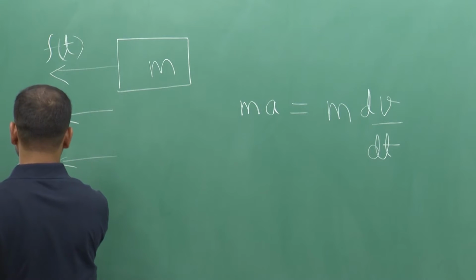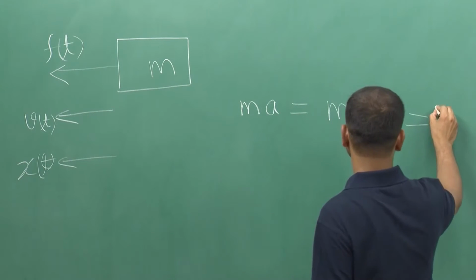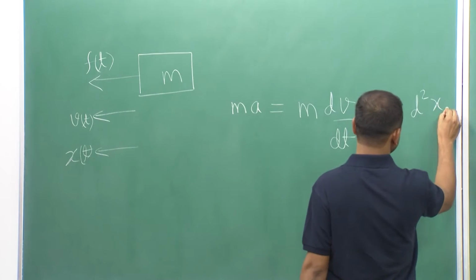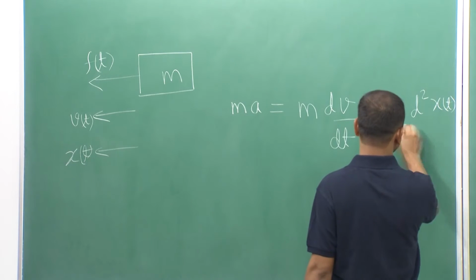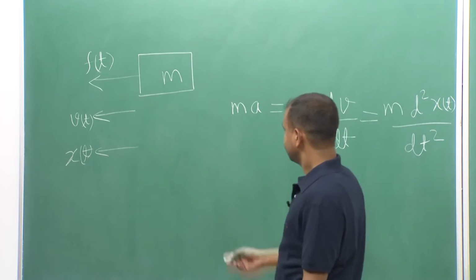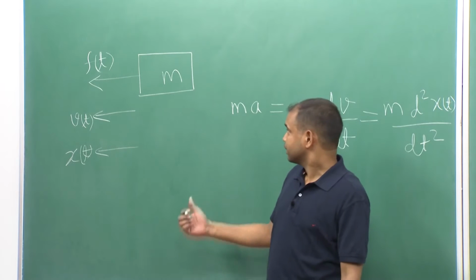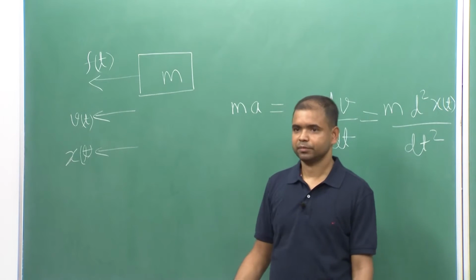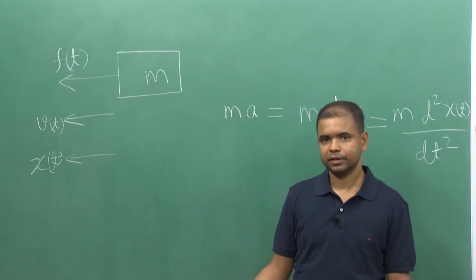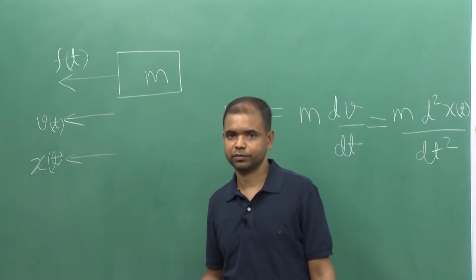Or in terms of displacement, if this is x of t, this is equal to m d square x of t by dt square, and this is conservative in nature. Basically, it stores the kinetic energy of the system, and we can retrieve all the energy without any loss.